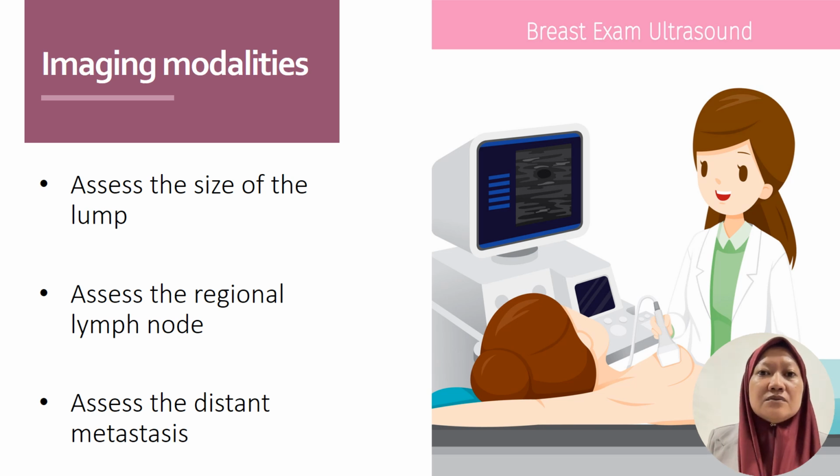The ultrasound is a modality particularly useful for evaluating lymph node involvement and differentiating between solid masses and cysts. Once a patient is diagnosed with breast cancer, additional imaging studies may be arranged to further assess the extent of the disease.